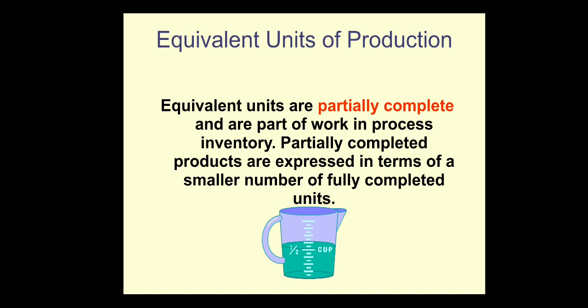So the idea is like this. If you have a business that uses a process costing system, at the end of every accounting period, when you close accounts on that date, if you check the inventory of the business, you will see finished product inventory and also work in process inventory.